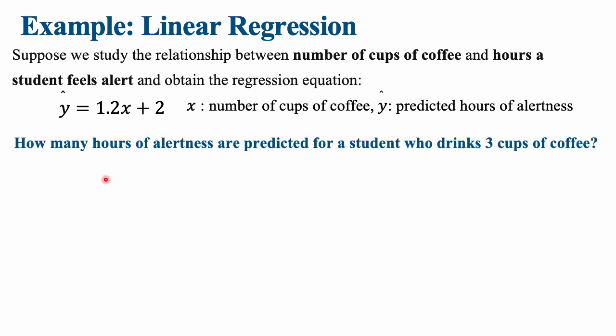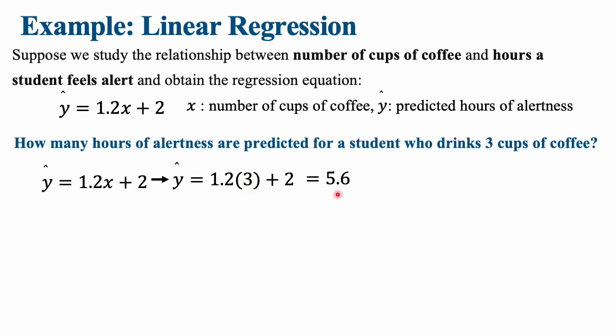First question: how many hours of alertness are predicted for students who drink 3 cups of coffee? Let's calculate. y hat equals 1.2x plus 2, and x is 3. You plug into the equation: y hat equals 1.2 times 3 plus 2.